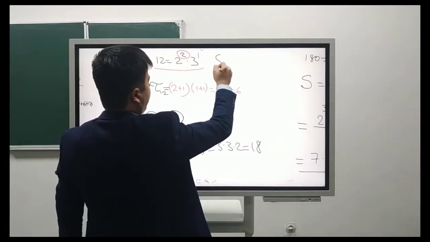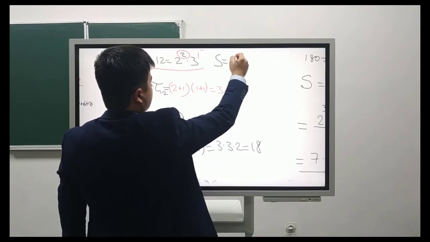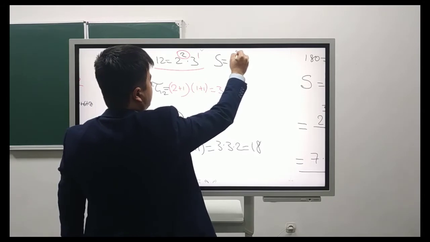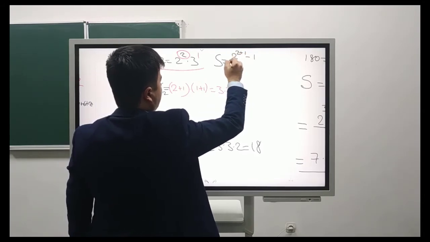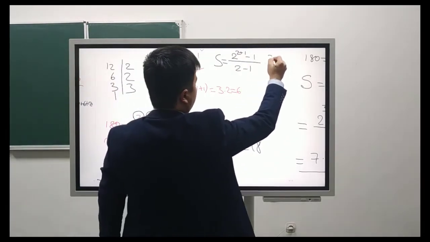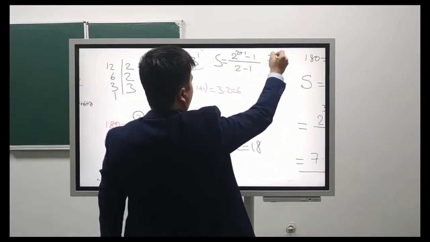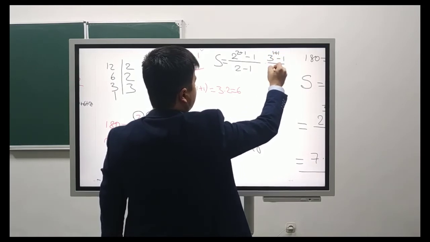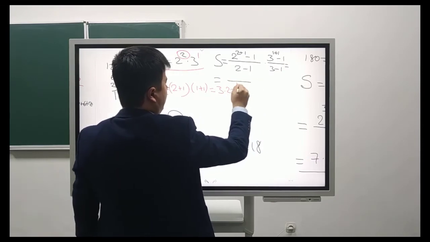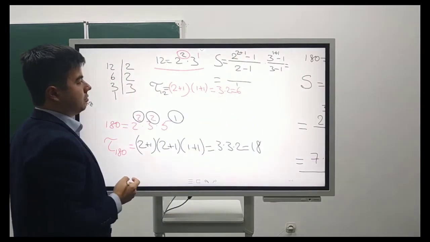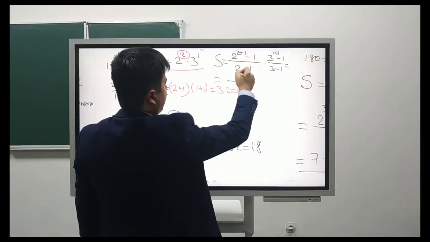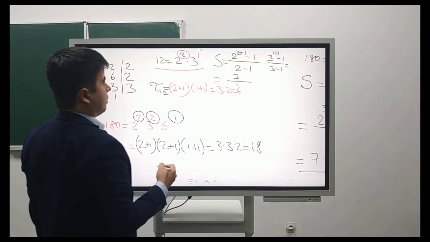So for the first one, it is 2 to the power 2 plus 1 minus 1 over 2 minus 1, times for 3, 3 to the power 1 plus 1 minus 1 over 3 minus 1. And we get here 2 cubed, it is 8 minus 1, it is 7. The first one is 7.